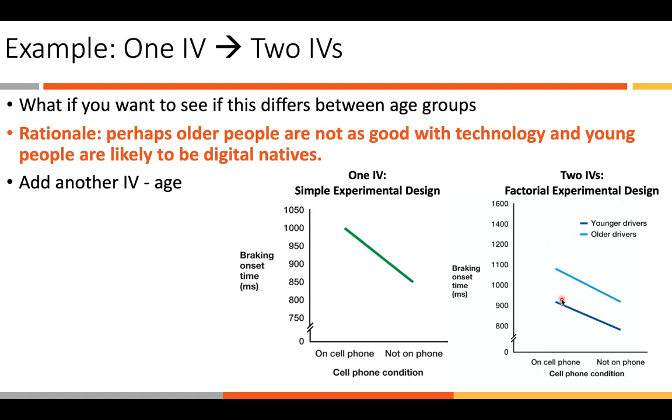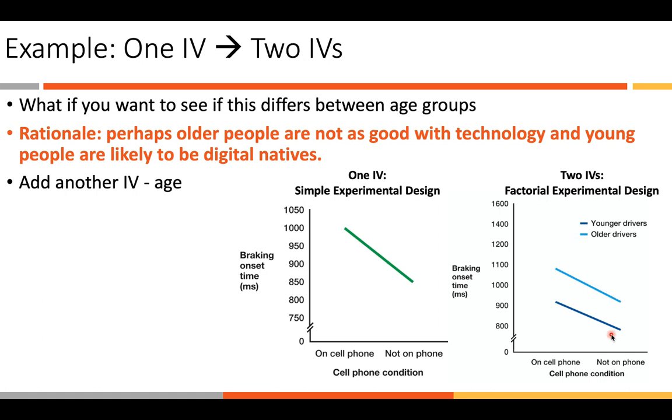And from the height difference of these lines, we can see that overall, older drivers brake more slowly, right? Their line is higher on our y-axis. Older drivers brake more slowly than do younger drivers, regardless of whether they have a cell phone or not. So that would be the main effect of variable 2, or age.